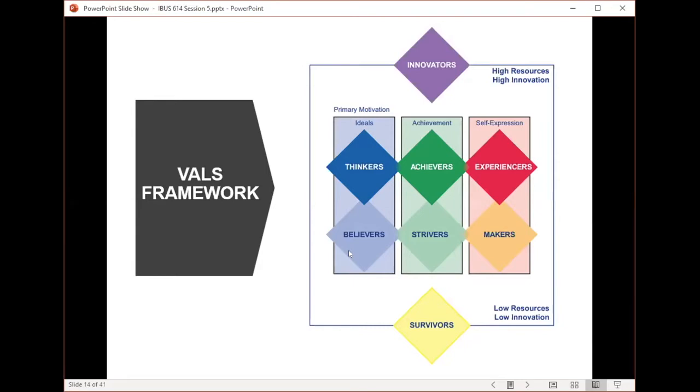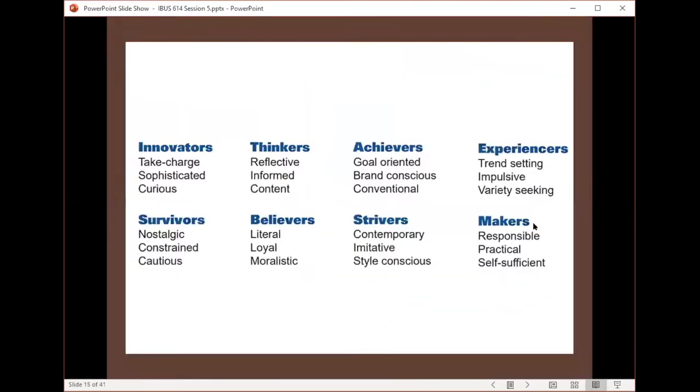However, they have low resources and low innovation, and that will impact on the kind of goods and services that they prefer and would want to spend their money on. And it's the same for the achievements side of the diagram and then the self-expression side of the diagram. And all these different characteristics have implications for the purchases of goods and services.